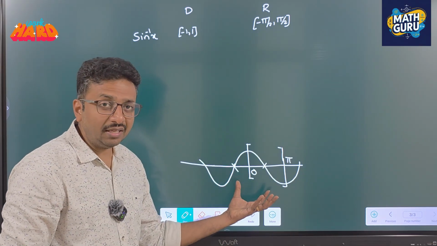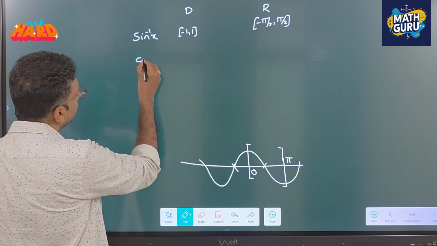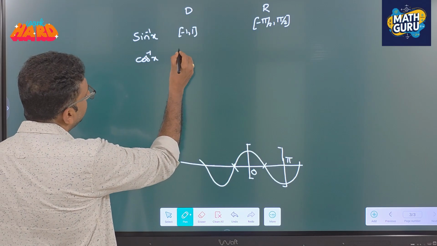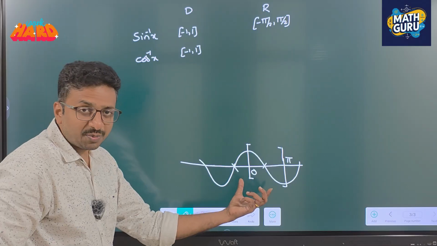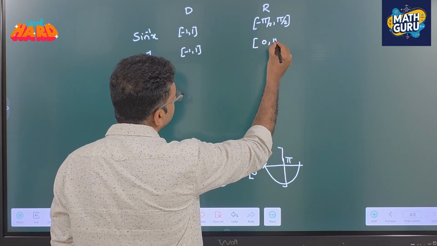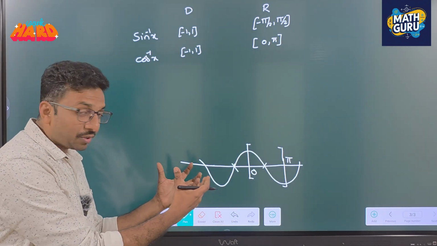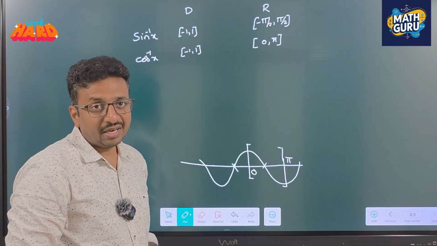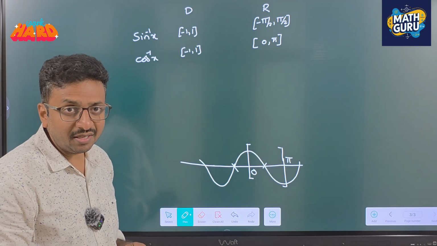Cos inverse x has the domain minus 1 to 1 and the principal range 0 to pi.